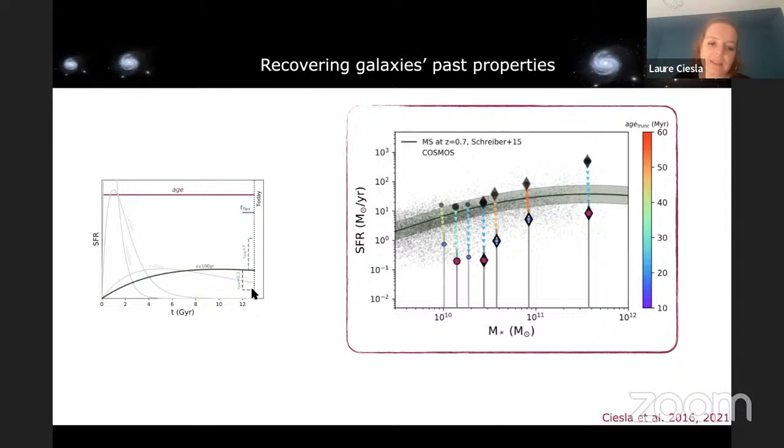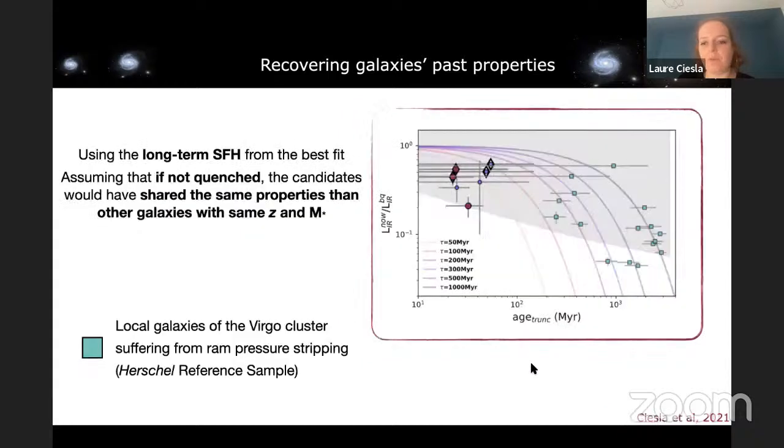So when you have this, you can say, okay, our galaxy is here now, but before the quenching, it was here. And so what was its property at this point? What was its infrared luminosity? Where was this galaxy? So this is what we try to show here. We try to place back the galaxies before the quenching, and you can see they were on the main sequence, and after that they were going down. So this is one step toward answering the question that are driving our research.